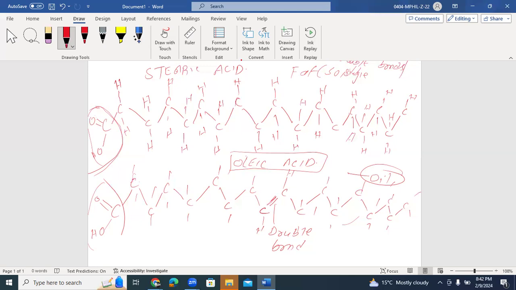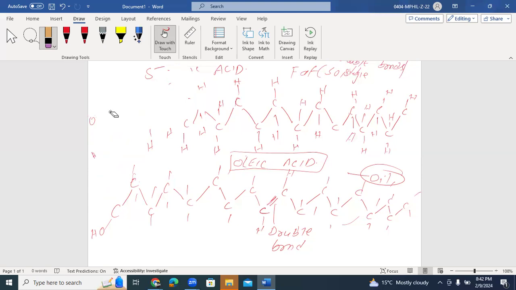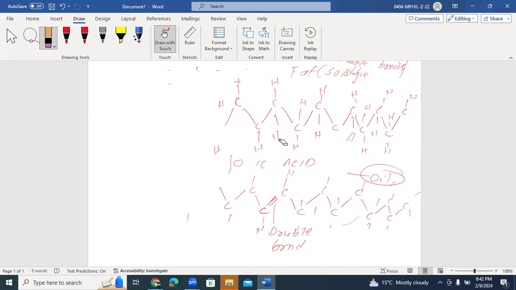Now we are going toward another point, that is triglyceride. Now we will try to understand triglyceride. What is the first thing that will come to your mind? Triglyceride, triple glycerol? Glycerol will not be triple, but you will have 3 fatty acids.